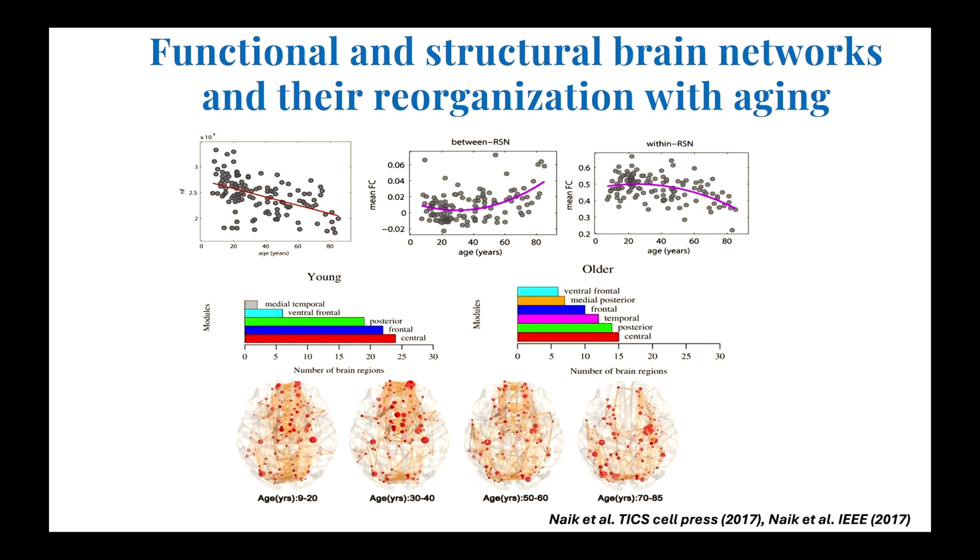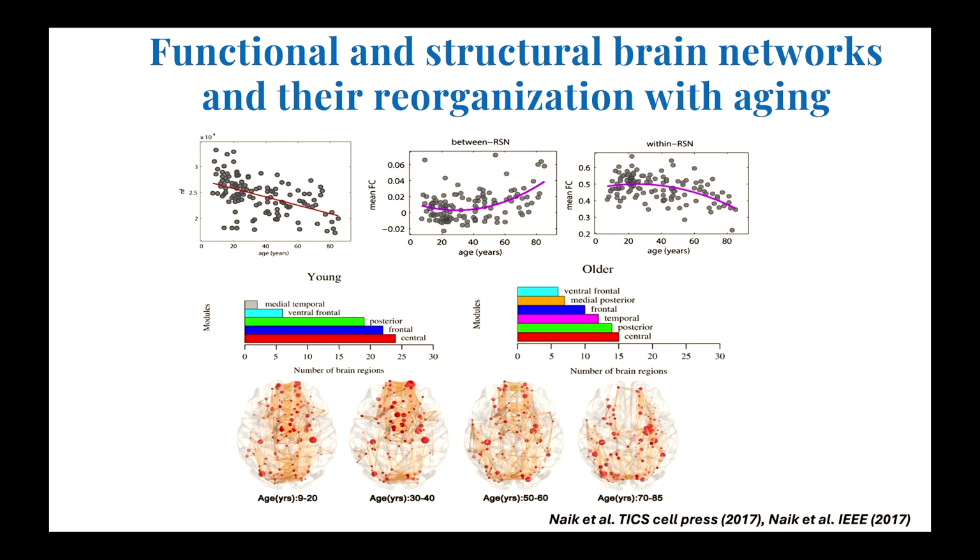The y-axis is the number of fibers and the x-axis is the age in years. When we look at the number of fibers as a function of age, we see a systematic decline with age. The number of fibers progressively declines as we become older.